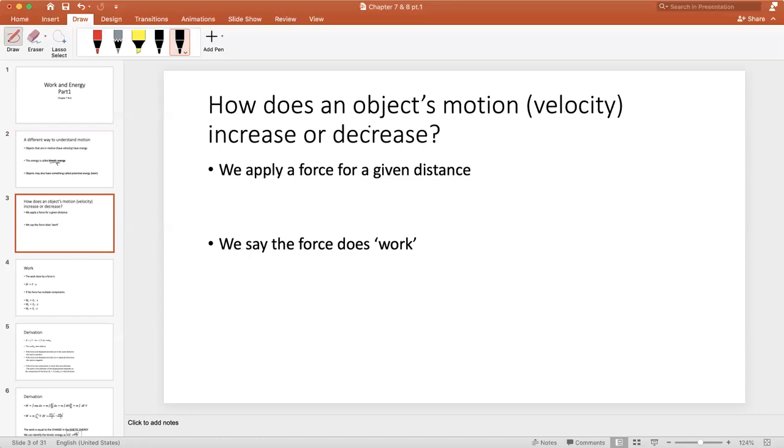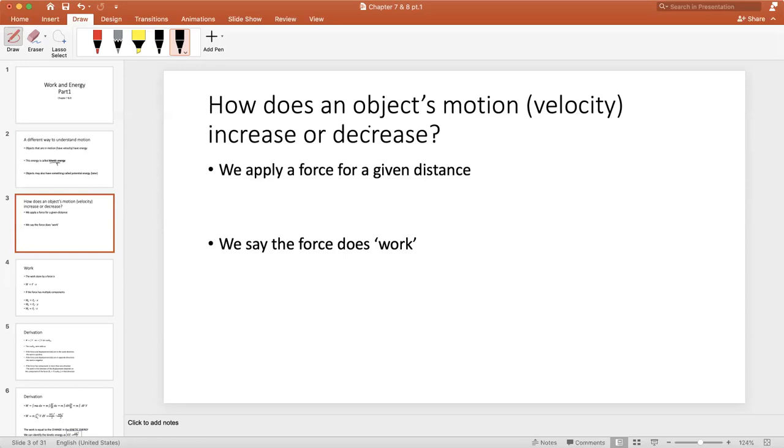So how do we increase the motion, the velocity of an object? And the answer we already know is we use force. If a force is applied, that's what Newton's first law told us. If you apply a force, you change the motion of the object. When we get to chapter 9, we're going to restate Newton's laws in a totally different way than what we did before.